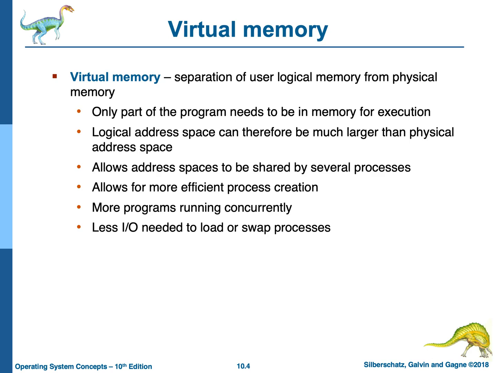Virtual memory is the separation of logical memory from physical memory. It is a logical, algorithmic way, not a physical memory, so we say that it is different from the physical memory. Only part of the program needs to be in memory for execution. The logical address space can therefore be much larger than the physical space.